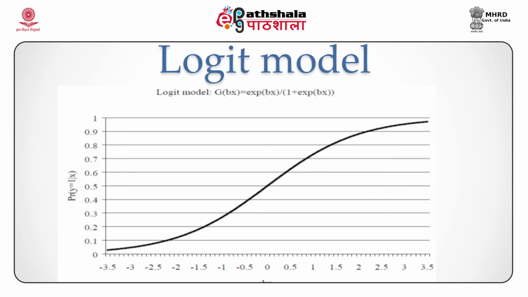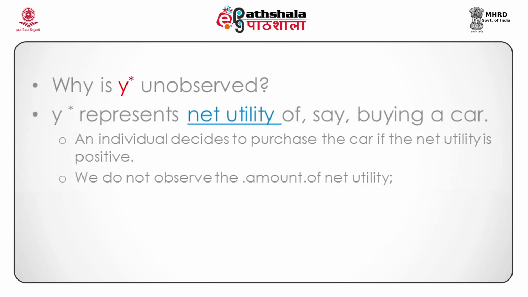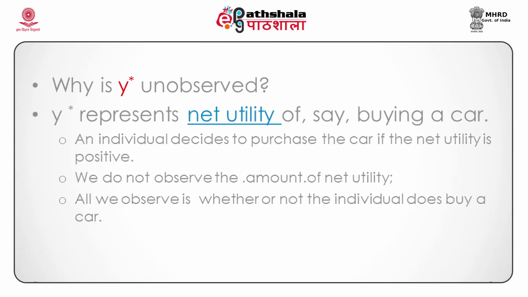So to get justification for this, we can use a latent variable framework. That is, we assume that there is some y star which is unobserved. The reason why this is unobserved is that it represents the net utility of whatever event is represented by y equal to 1.